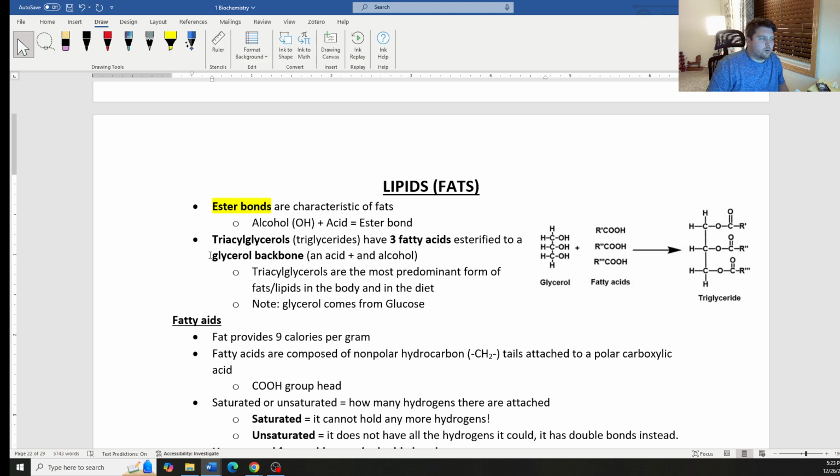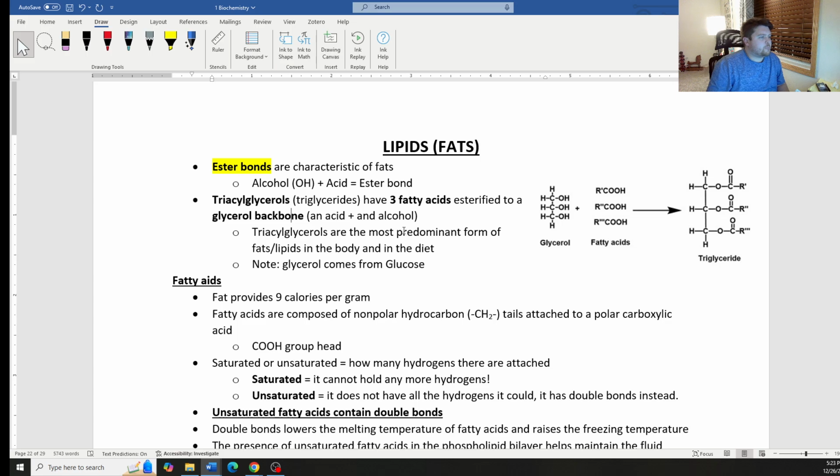Remember that glycerol backbone is what is most commonly used for gluconeogenesis, and each of these chains can be cut into 2 carbon units through a process called beta oxidation to get acetyl-CoA, which can go directly into the Krebs cycle. We'll talk about that in just a little bit.